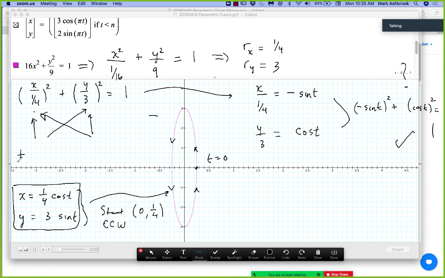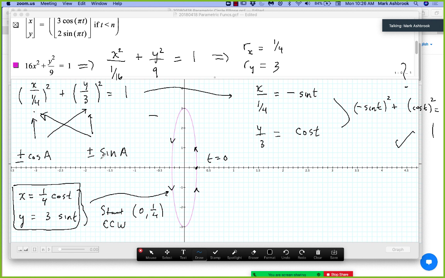As long as you have sine in one and cosine in the other, you can have plus or minus on either, and it makes the Pythagorean identity hold, and it will generate the same ellipse.